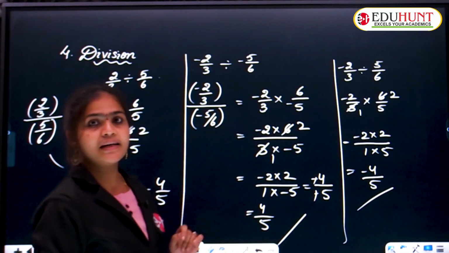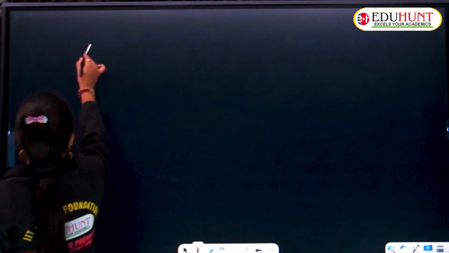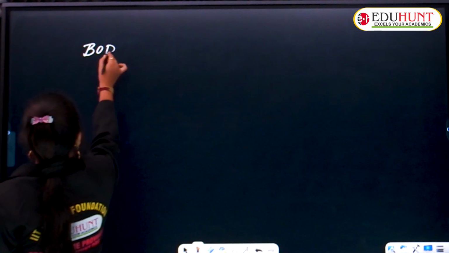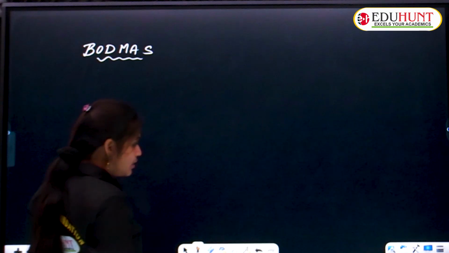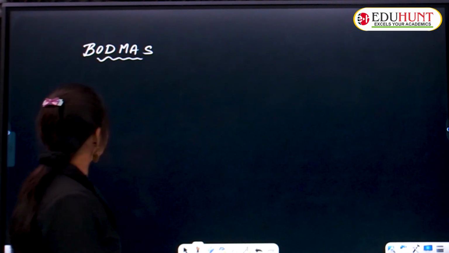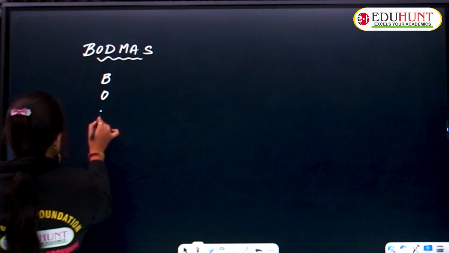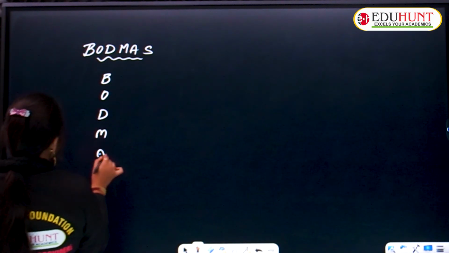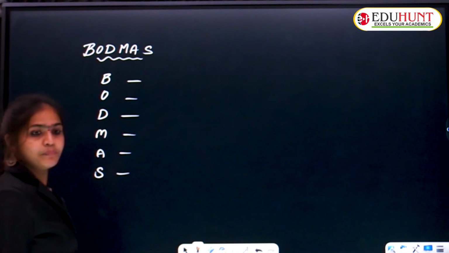Now we have another concept, that is BODMAS rule. What is that, ma? BODMAS rule, I think you know about this one. See, BODMAS rule actually means, B means what, ma?